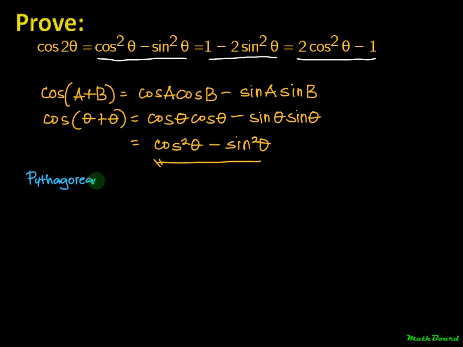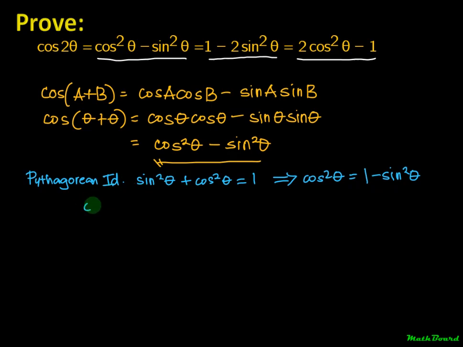Okay, so diba, the Pythagorean identity is sine squared theta plus cosine squared theta is equal to 1. This is the same as cosine squared theta equals 1 minus sine squared theta.